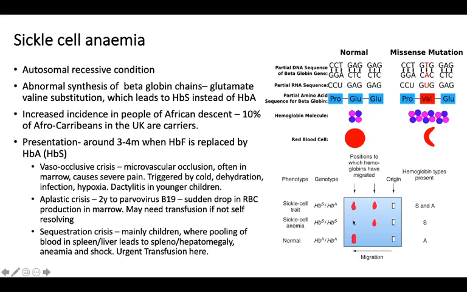In this, the patient is a carrier, so they have one HbS allele and one HbA allele, which is the normal one. So they have both, they're a carrier. The second phenotype is the actual sickle cell anemia, where they have 2 copies of HbS, and the last phenotype is a patient with normal HbA.